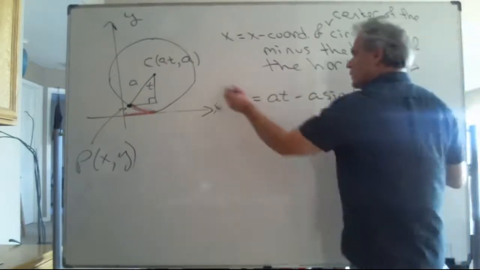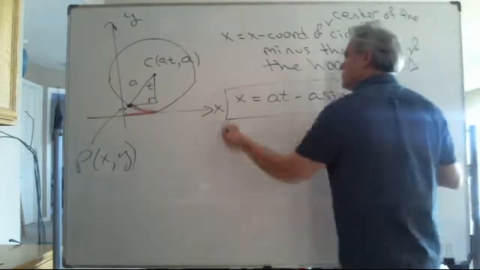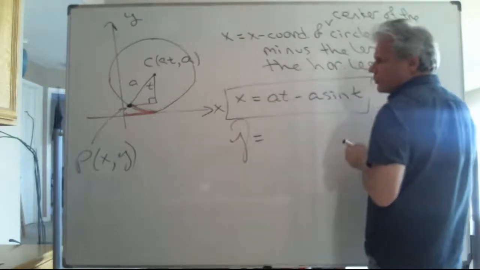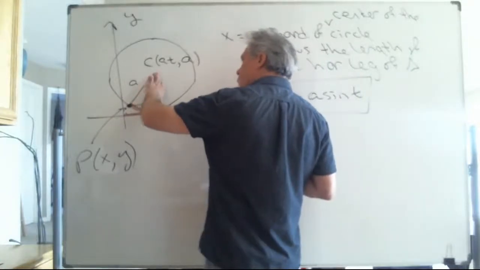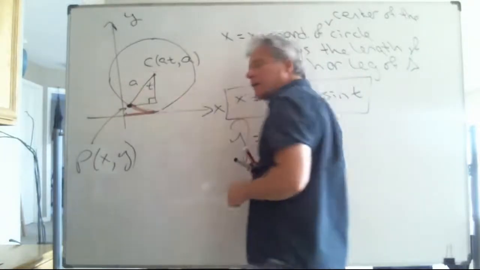Now likewise, this vertical distance could be interpreted as the y-coordinate of the center minus the vertical leg of the right triangle.